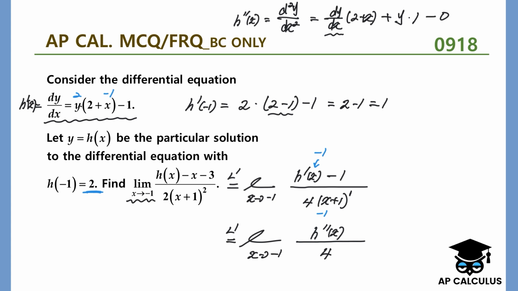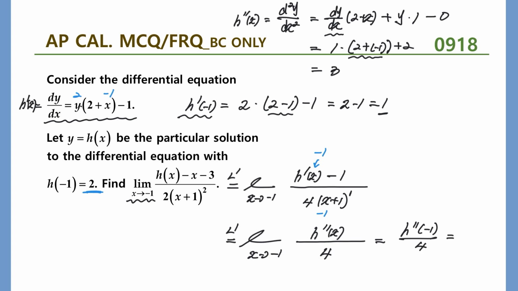And dy dx is h prime of -1 here, which was 1. So this is 1 times (2 plus x), which is -1... I mean 2 plus (-1), plus y, which is equal to 2. So that is 2 minus 1, 1, plus 2, 3. So that is equal to h double prime of -1 over 4, and we found h double prime of -1 is 3. So our final answer for this limit is 3 over 4.